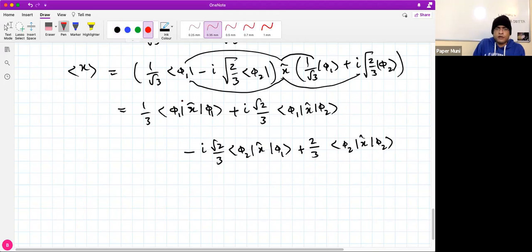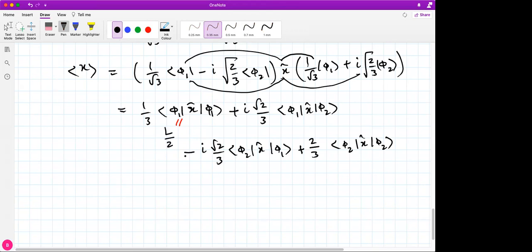Right, now what you need are these values. We already know this value. What is the value for this? This is the expectation value of the position operator in the ground state. So we know that this is L by 2.